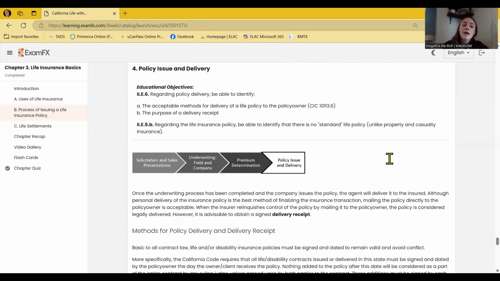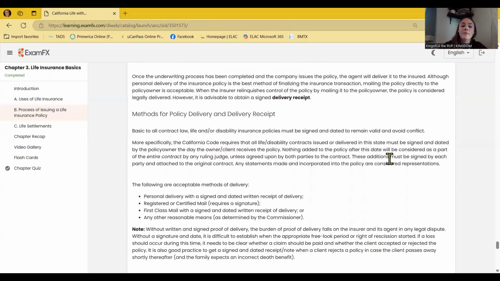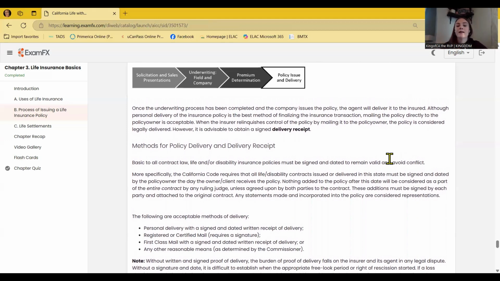Perfect. And then lastly, we have policy issue and delivery. With policy issue and delivery, this means that the insurance company has gone through the underwriting process and has decided to approve us for this insurance. Now, once the underwriting process has been completed, the agent is in charge of delivering this policy.